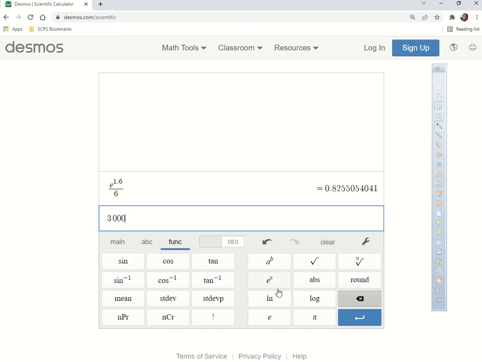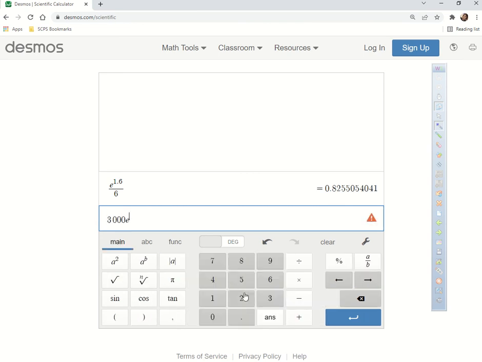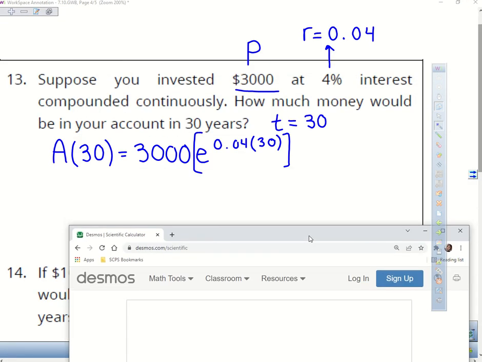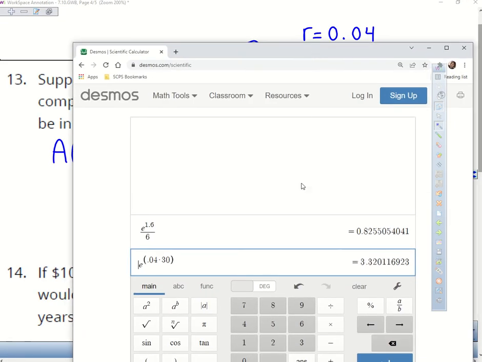So 3,000 E to the power of 0.4 times 30. And then I'm going to try it as a separate step. I'm just testing it out to make sure that the order of operations works in here before I tell you that it does.